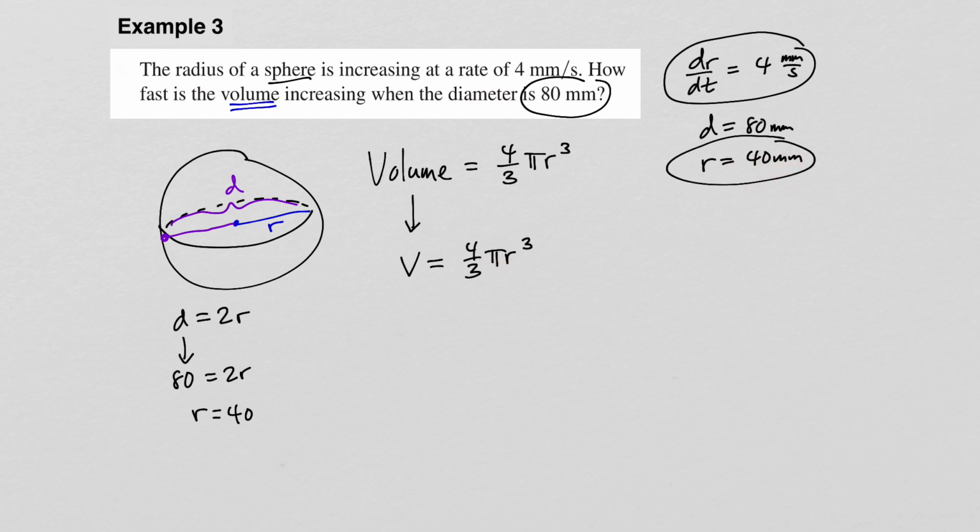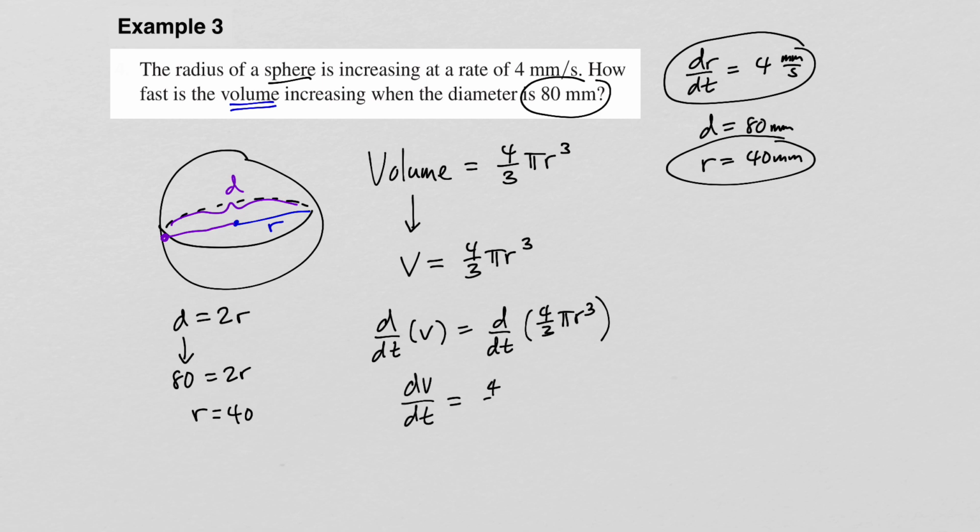Now let's take the derivative of both sides with respect to time. So I have the derivative with respect to time of V equals the derivative with respect to time of 4/3 pi r to the third. On the left side, of course, we get dV/dt.